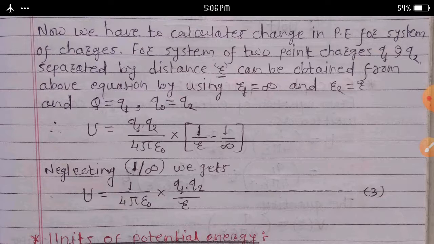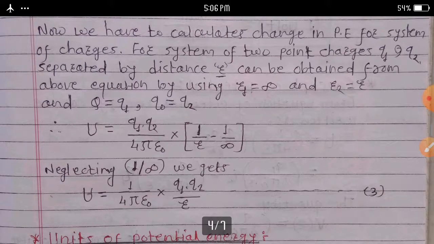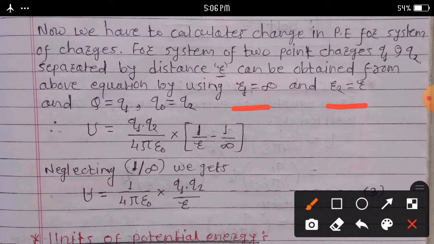For a system of 2 point charges q1 and q2 separated by distance r, it can be obtained from the above equation by using r1 equal to infinity, r2 equal to r, q equal to q1 and q0 equal to q2. Then the potential energy becomes U is equal to q1 q2 upon 4 pi epsilon naught into 1 upon r minus 1 upon infinity. Neglecting 1 upon infinity, we get U is equal to 1 upon 4 pi epsilon naught q1 q2 upon r.